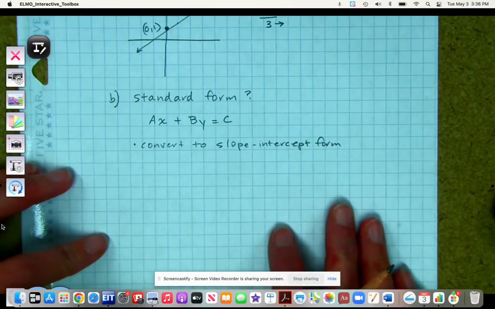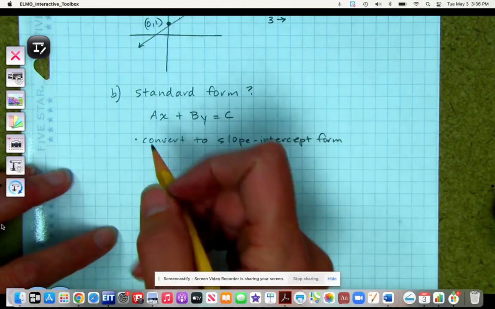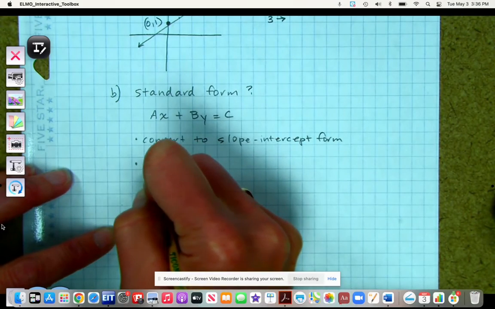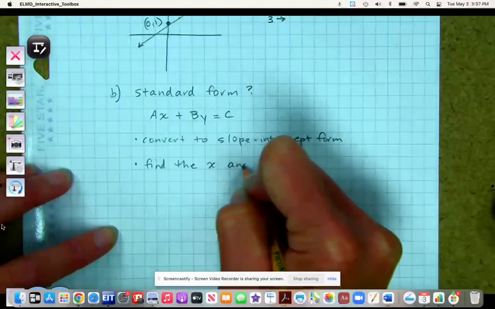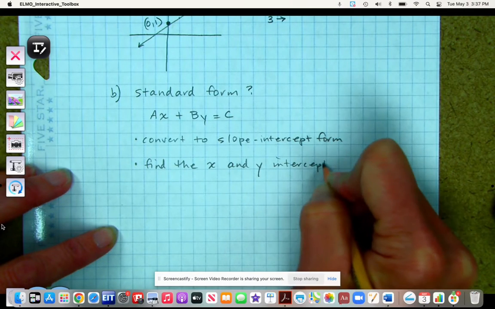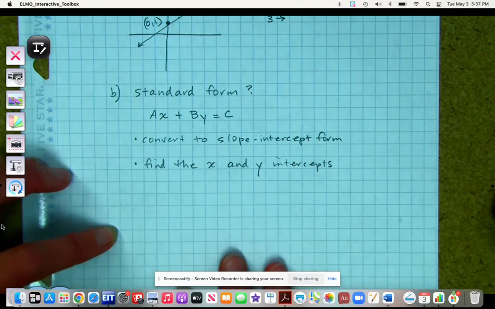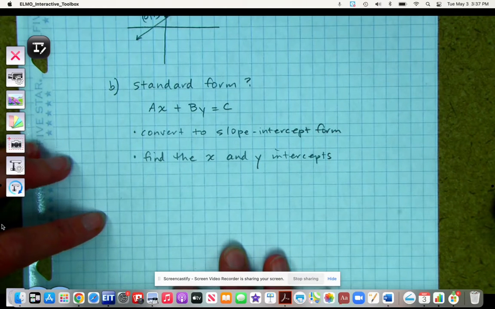Or the quick way to graph it in this form is to find the x and y intercepts. Those will be the 2 points that you could then find.